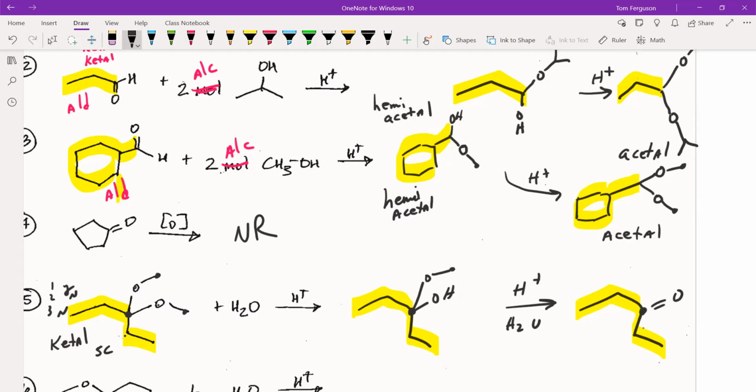So these are methyl alcohols that originally created the ketal, so once we hydrolyze it, we're going to get that alcohol kicked off.